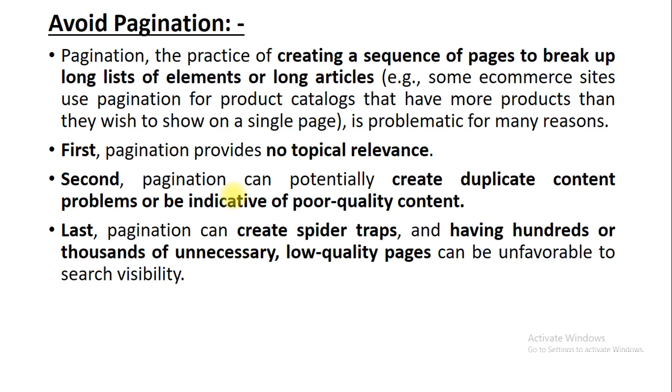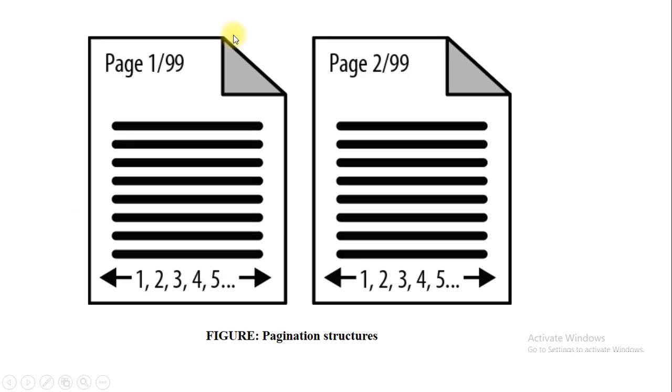So when you want to create a sequence of pages to break up long lists of elements or long articles, generally this concept is used by e-commerce websites, which contain a list of items or products that is difficult to display on a single page. At that time you can use the concept of pagination.